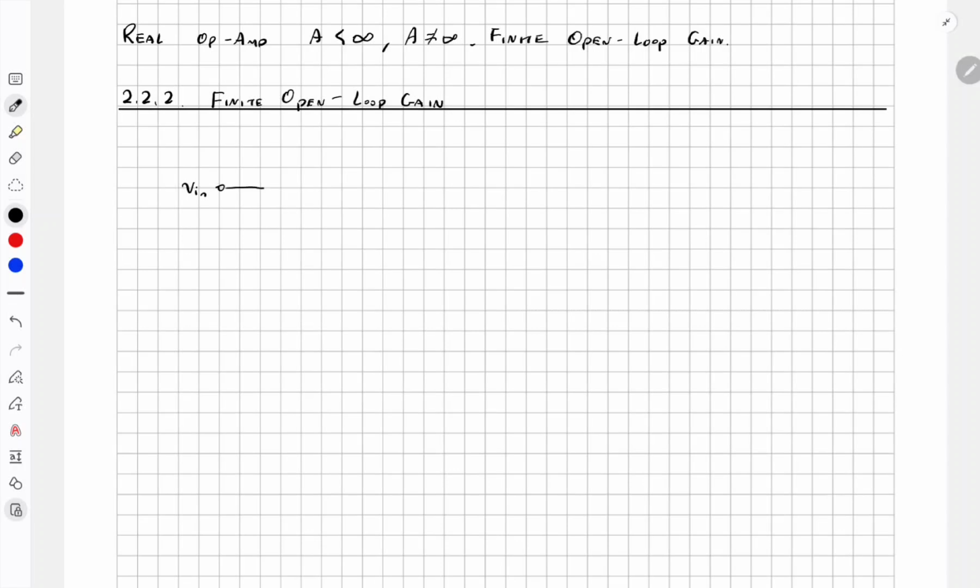You have V in, you have an input resistor called R1, and then we have the op amp, and the positive terminal goes to ground. Then we have V out, and the negative feedback through the feedback resistor called R2.